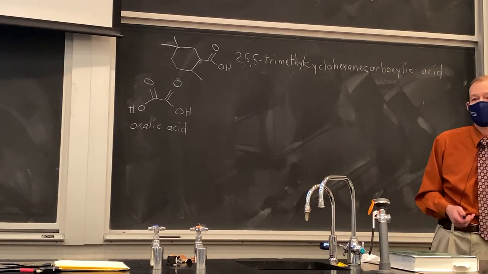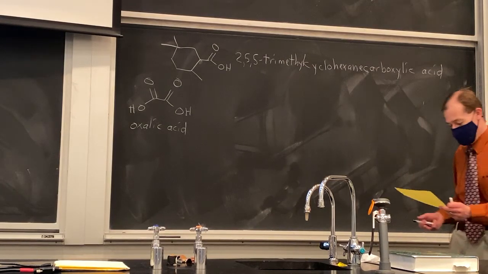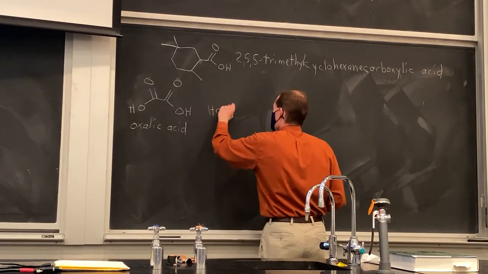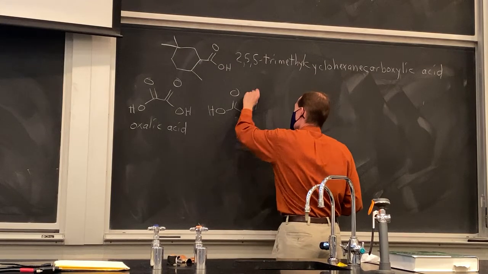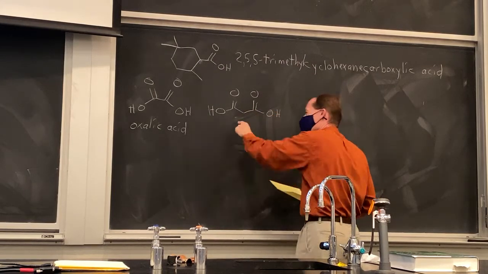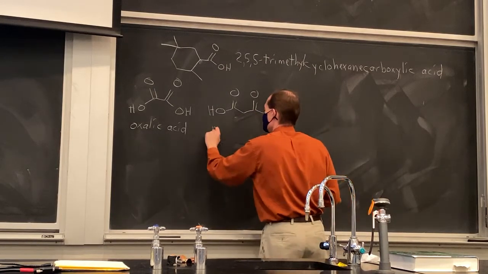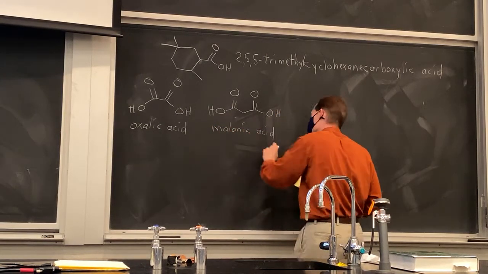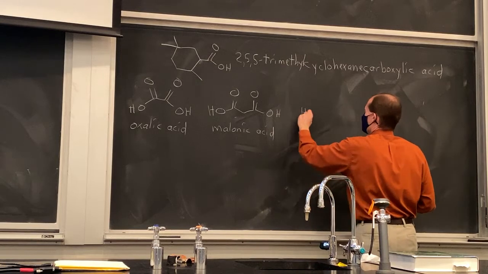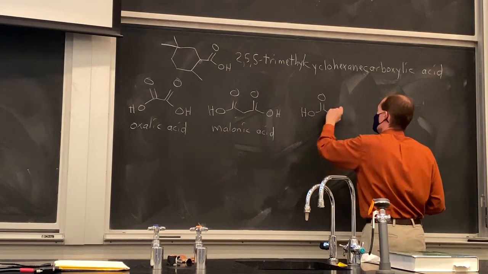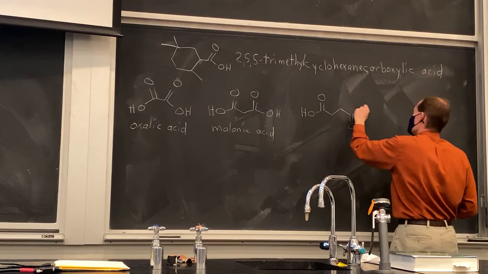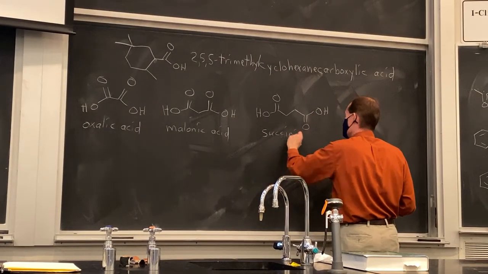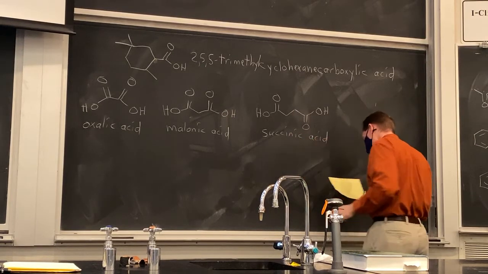I don't know anyone who can eat 9 pounds of spinach, so you don't need to worry about that. And we have another one, malonic acid. We'll see this later on in the class. Esters of malonic acid have important properties. And then there's another one that is common enough that it has common names in use, and that is succinic acid.